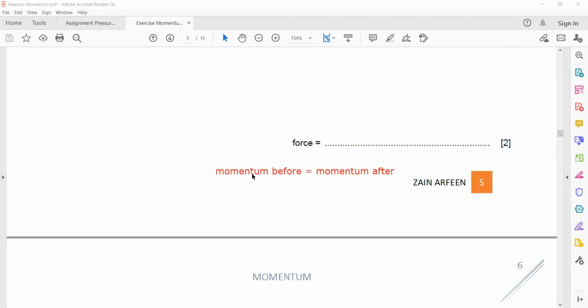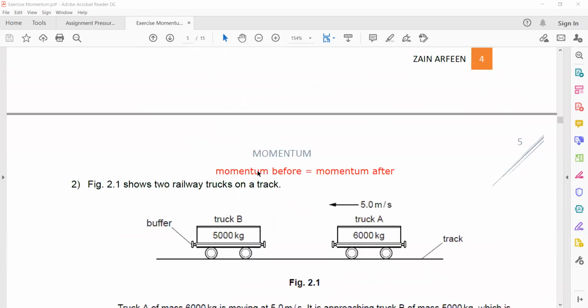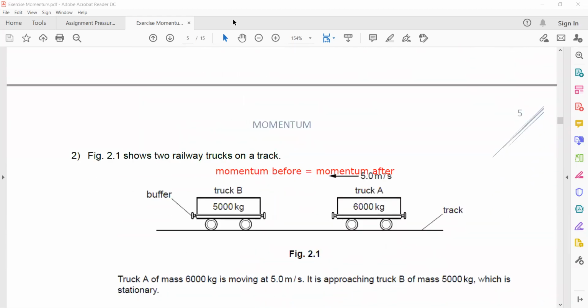So if I show the figure here, we worked out the momentum before collision. In the beginning, truck A had a momentum of 30,000. The momentum of truck B was 0 because it is stationary. After collision, the momentum of truck B was given as 27,000.